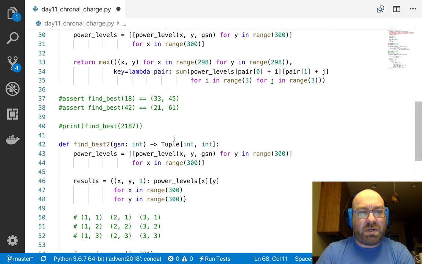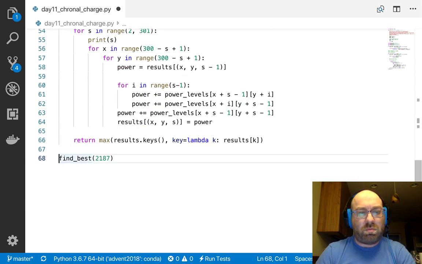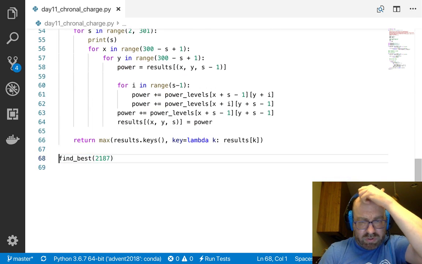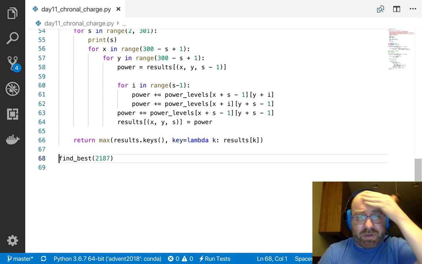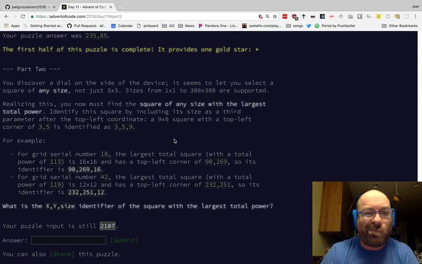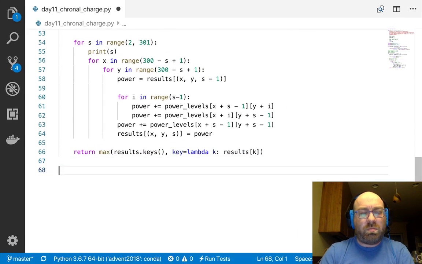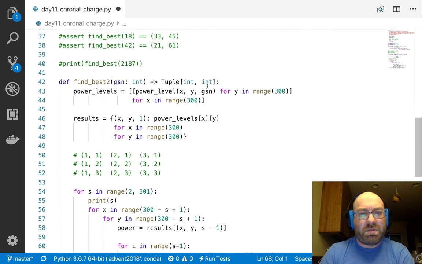The thing is, it's not going to help. If I get the wrong answer that way, I'm going to get the wrong answer that way anyway. So maybe I better just do this.